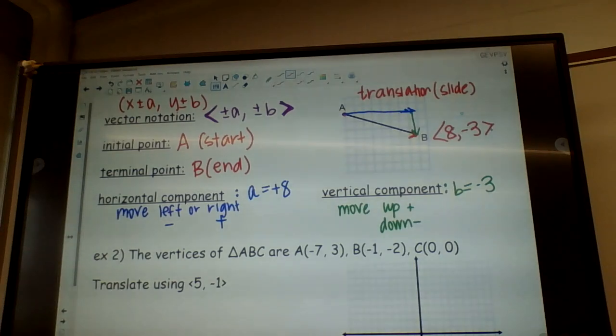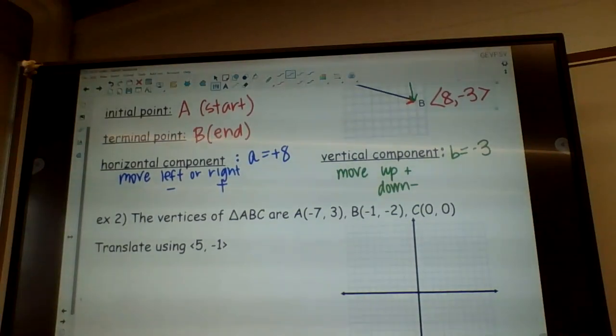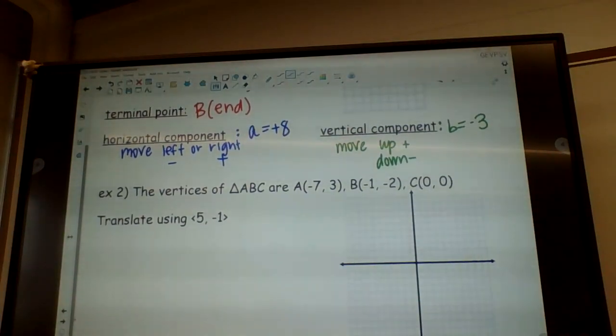So someone who knows something about translations would know, oh yeah, that's what we're doing, we're moving it that way. Okay? And there's a lot of different notations, so showing you different ones is important to make sure you're comfortable with it if they use it on something like an ACT or in another class. I know physics uses some vectors.